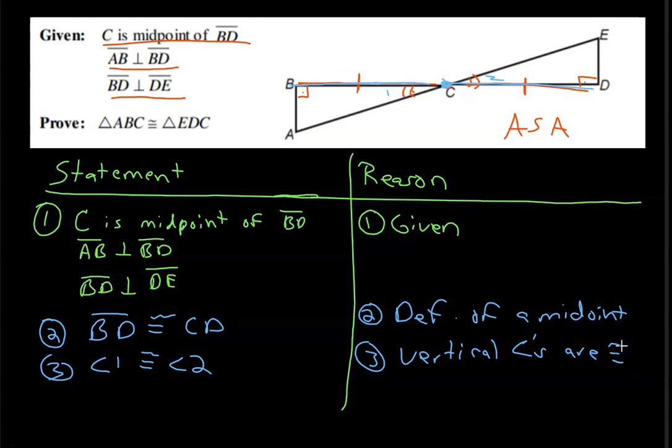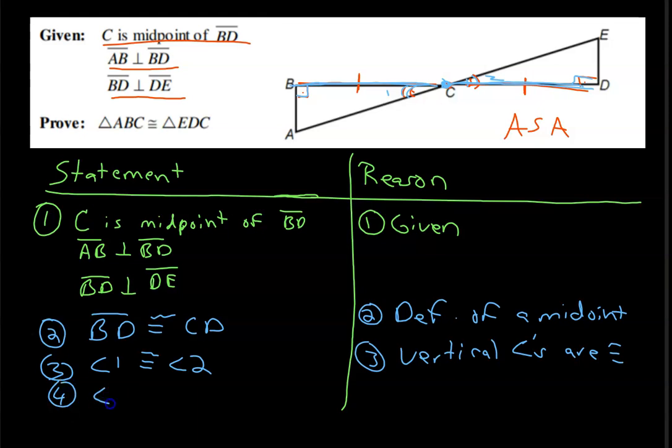So once you prove all those things, as in this segment is congruent to that segment, and this angle is congruent to that angle, the last thing I added to my picture was this was a right angle, this was a right angle. The reason why I said they were right angles is that perpendicular lines make right angles.